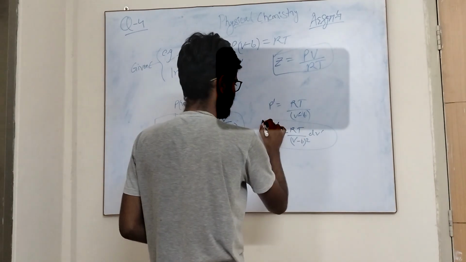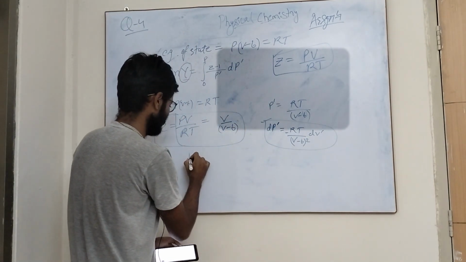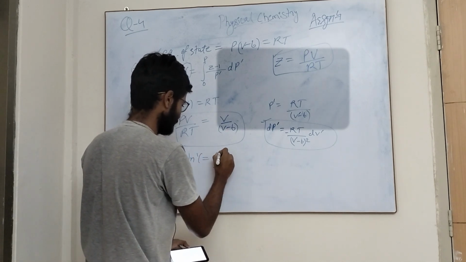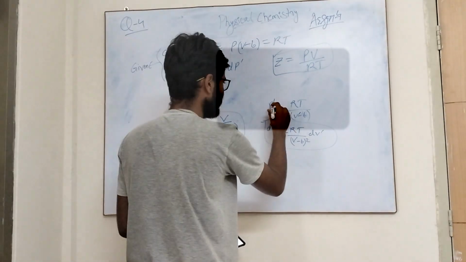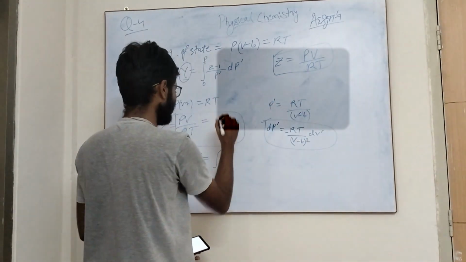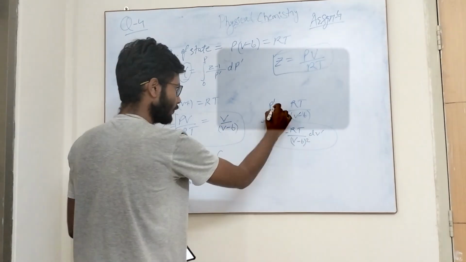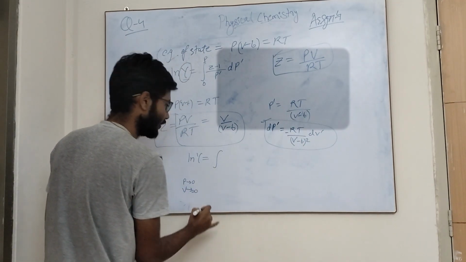Okay. Now natural log of gamma is given as the integral from 0 to P. So we have converted P in terms of V. So when P is 0, we can see the volume V is going to infinity.